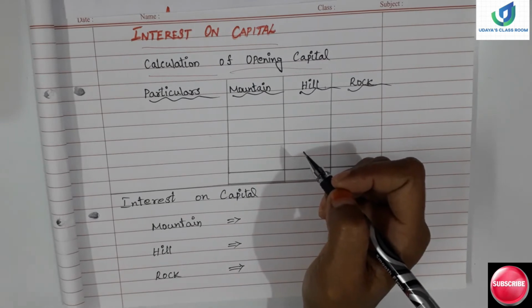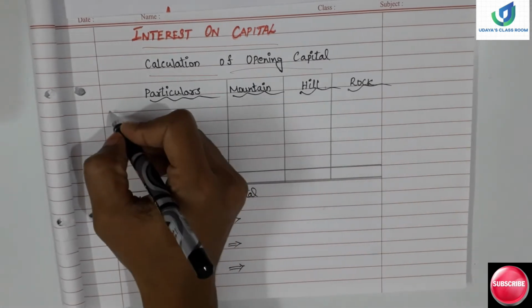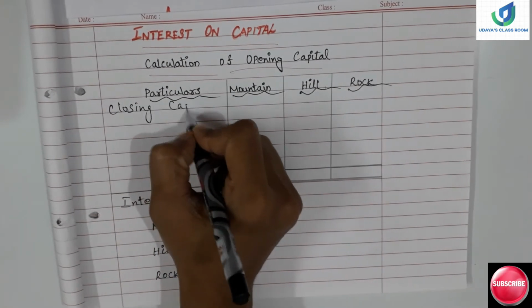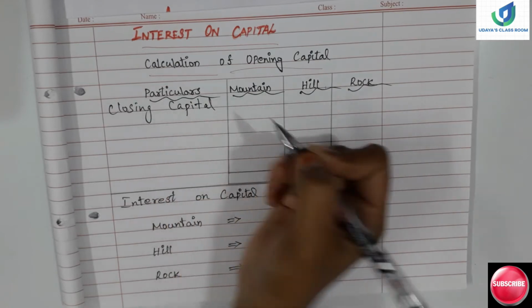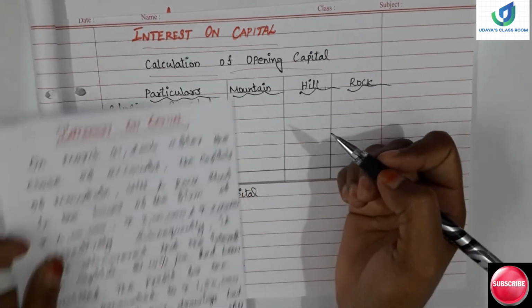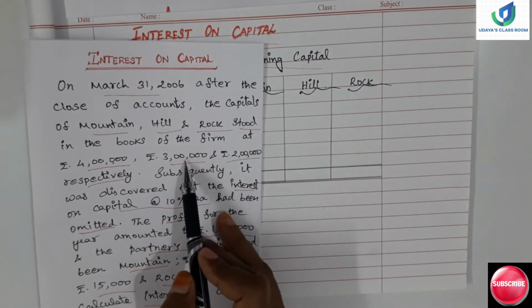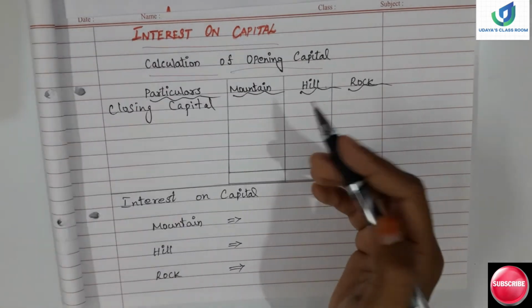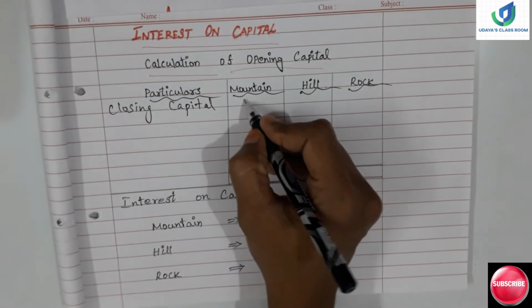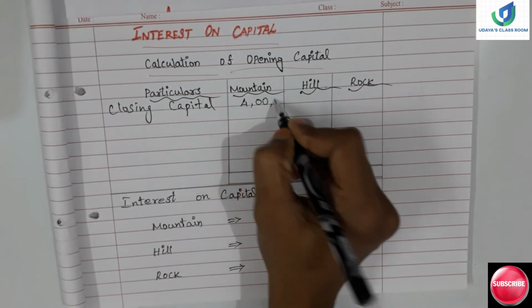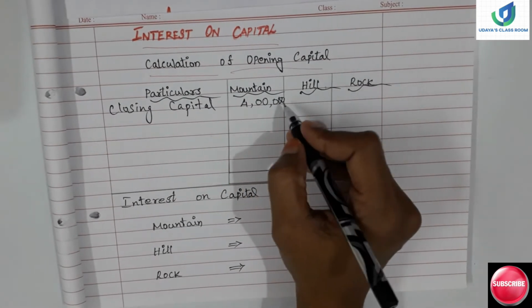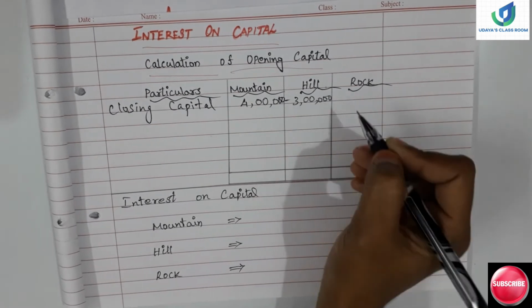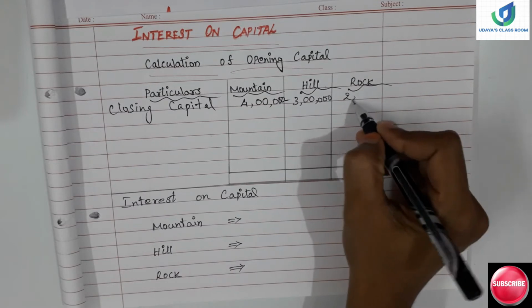So closing capital of Mountain 4 lakhs, Hill 3 lakhs and Rock 2 lakhs. That is what I am going to write here: 4 lakhs, 3 lakhs, 2 lakhs.